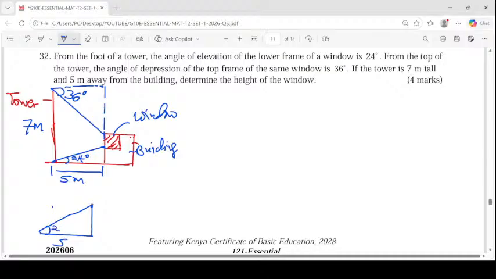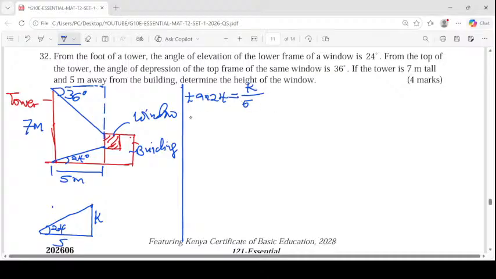This is 24. Let me call this height from here to here k. I can get the value of k using some trigonometric relationship. Opposite and adjacent, I'm going to use tan. So tan 24 degrees is equivalent to opposite, which is k, over adjacent, which is 5.